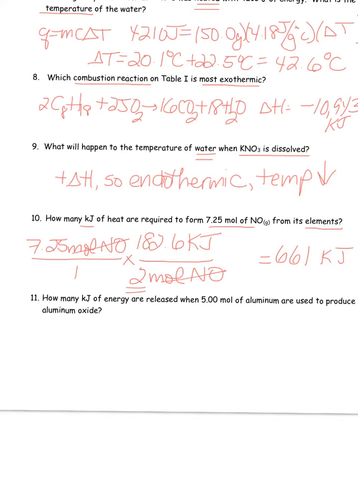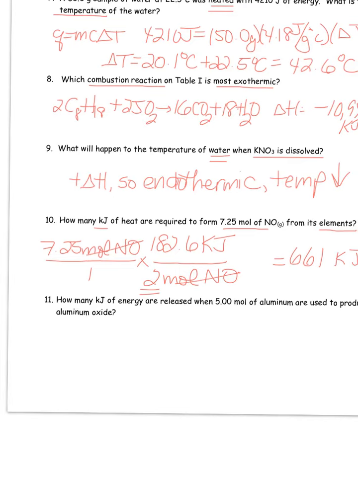So in number 11 here, we have a very similar problem to number 10. Again, we're being asked for kilojoules. And this time they're using aluminum as our start point. So I'm going to start there, 5.00 moles of aluminum. I'm going to remember that I want to get to kilojoules. And I have to look up on table I whatever reaction they're describing.